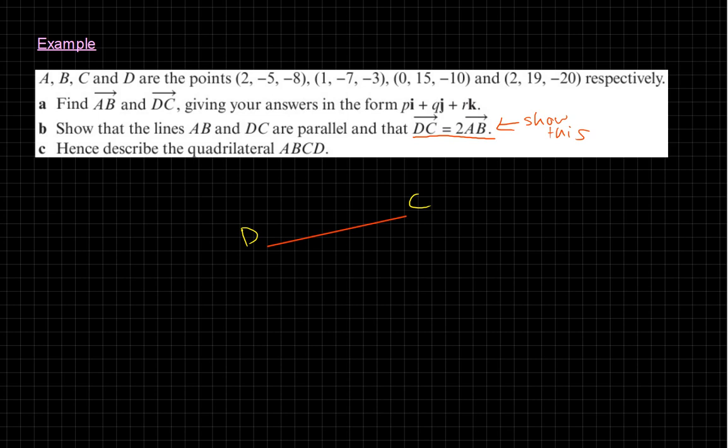So it's got to be parallel, so it can't do something like that. It can't do something like this. And it's got to be twice the length, so it can't be small, it can't be that long. You've got a certain amount of restriction. If you envision all the possibilities, let's just put down one possibility, something that looks like about this. That's about double the length, I think, and it is parallel.